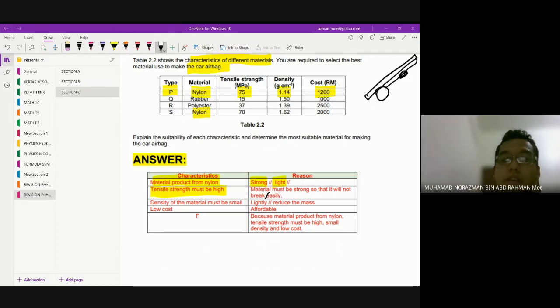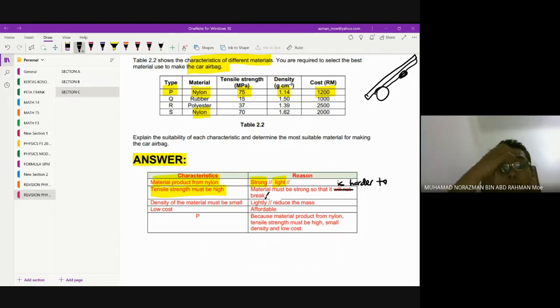Or you can say strong. Tensile strength must be high, so material must be strong, so it is harder to break.